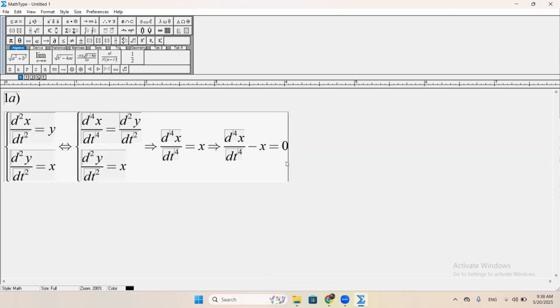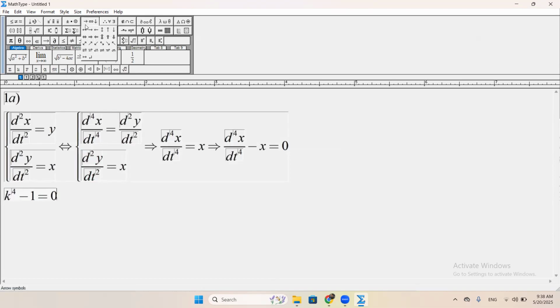So here is the linear homogeneous equation of the fourth order. So let us solve it. So r in power of 4 minus 1 equals 0. Okay.